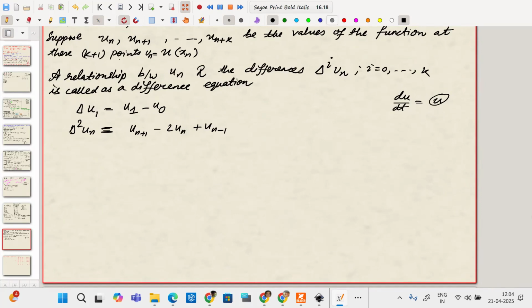Now we have something known as the order of a differential equation. Do you know the order of a differential equation? Similarly, we have an order of a difference equation. What is the order of a difference equation?